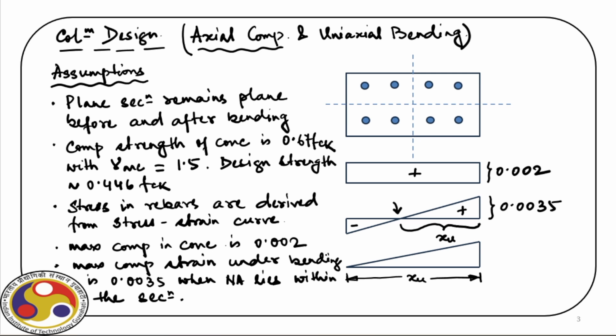Now, in this case also, here you can see we have the combined action from axial and bending, and the XU is equal to D, right?